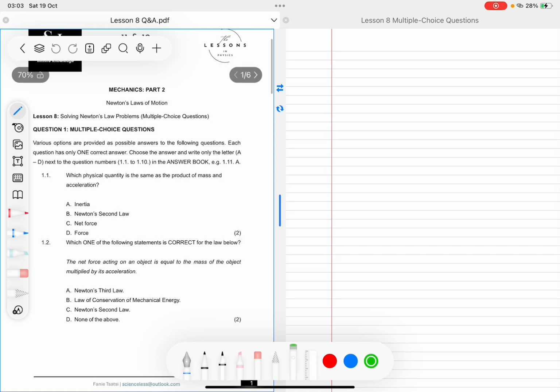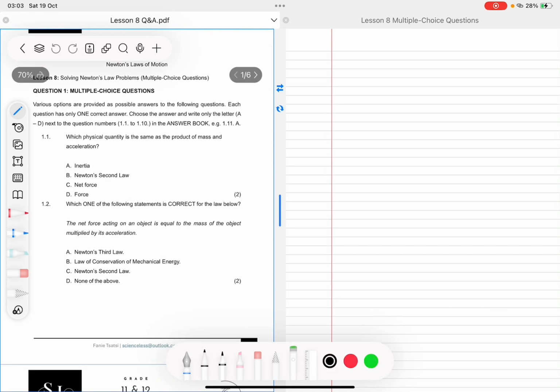Question 1.1. I must mention that, remember, when we solve questions at the back of our minds, we are applying the academic constitution. This was discussed on a separate video called Academic Constitution.